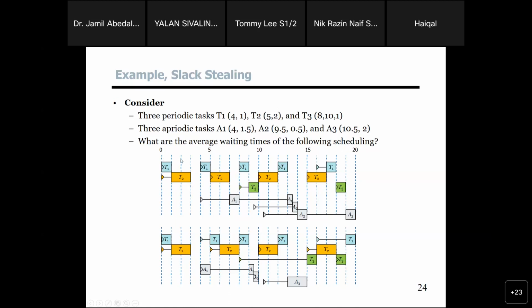Why we didn't execute it here? Between 1, 2, 3, between 3 to 4. Why we didn't execute the aperiodic jobs? Who can tell me why? Since the rule of without slack stealing is that we can execute an aperiodic job only in the hole, only in the slack time. But why we didn't execute it here? Anybody?